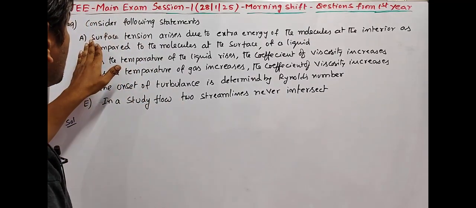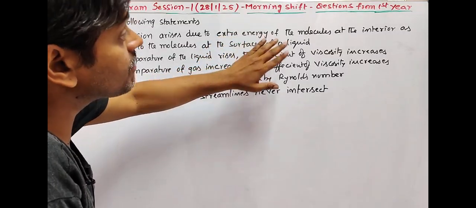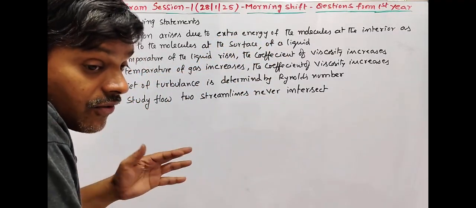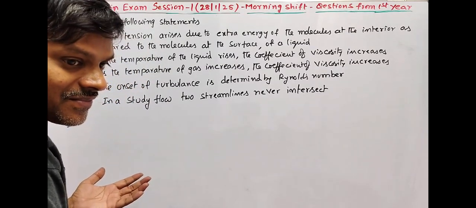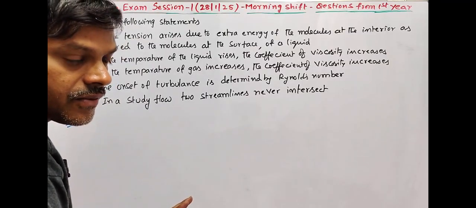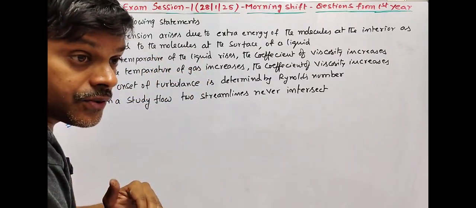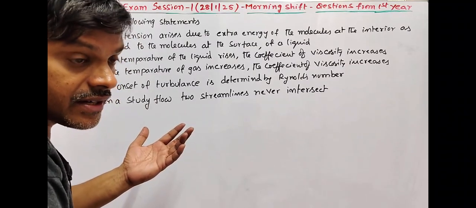of that liquid only, whether they are present in the interior or exterior, it does not matter. So the option says surface tension arises due to extra energy of molecules of the interior. The interior molecules do not have any extra energy. It is the same. That means molecules of a liquid have the same kind of energy. Interior molecules do not have more energy compared to the exterior. It is not correct.